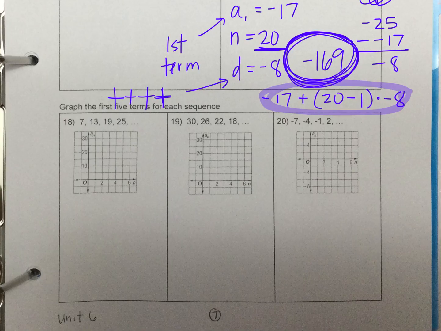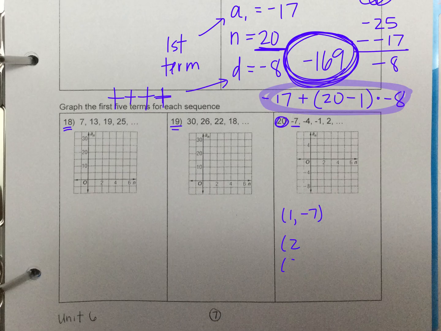And then down here, we're going to do number 20 together, and then you'll do 19 and 18 on your own. It says graph the first 5 terms of the sequence. Well, I need some coordinates. So my first term is a negative 7, like right here, number 1.